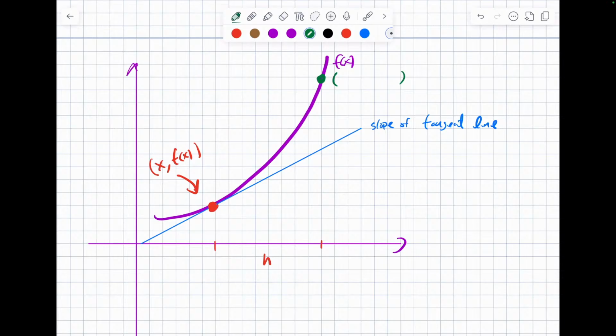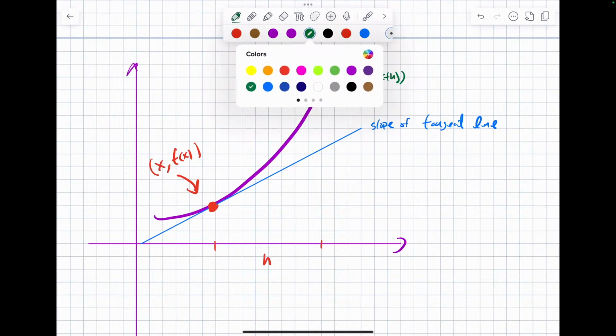H, f of x. Almost. You're not wrong. X plus h of x. Almost there. Missing one more thing. So he says x plus h. This part is correct. What will be the y output? Cameron? H of f of x. No. Amelia? F of x plus h. Good. So that becomes the new coordinates.